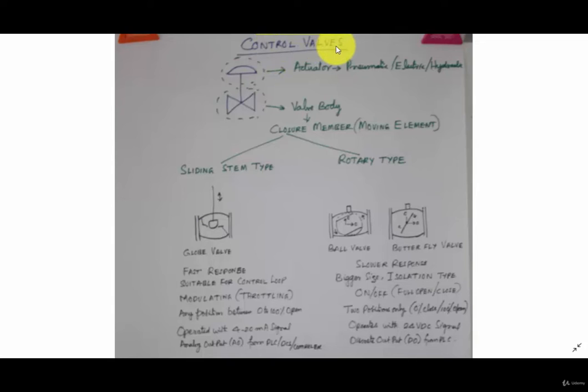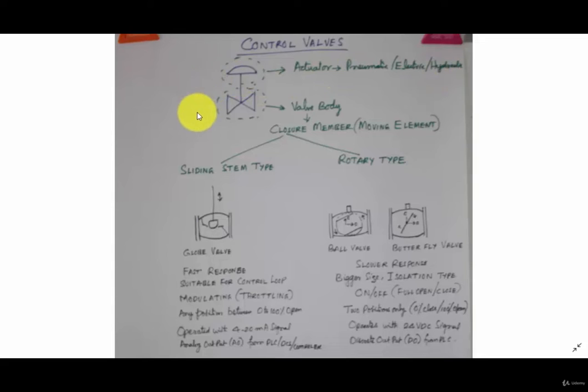Control valves in fact have two parts: the valve body, which is a part of the pipeline, and over that we have an actuator or operator, whatever you call it. This operator may be a pneumatic actuator, or electric or hydraulic. These things we will study as a separate lecture.